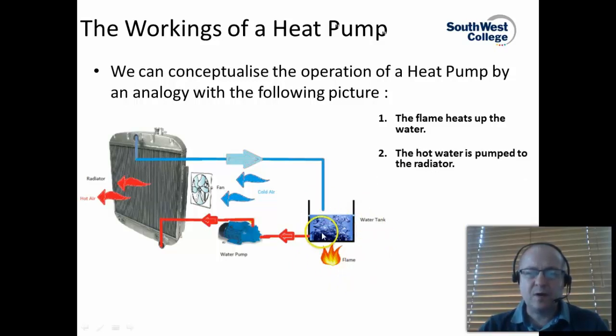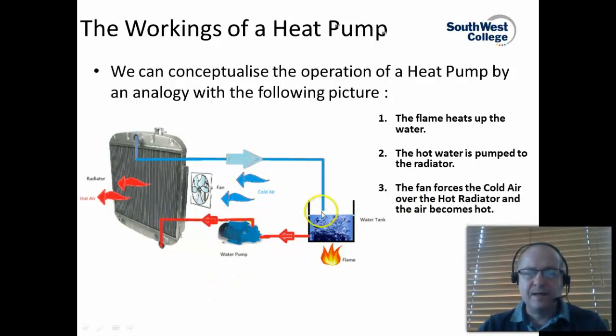Step two, the hot water is pumped from our hot water store, our heat source, to the radiator, which is essentially our heat sink. A little water pump pumps the hot water into the radiator. The fan forces cold air over the hot radiator and the air becomes hot. Cold air goes through the radiator grill on this side and comes out the other side as hot air, and then out the top.